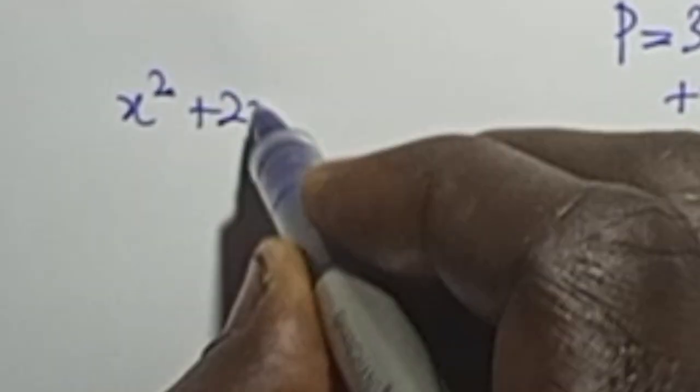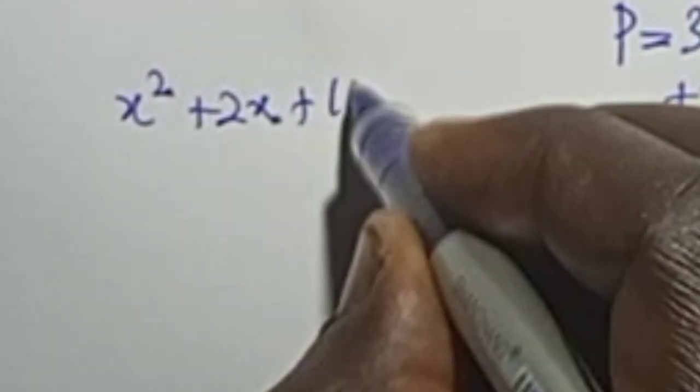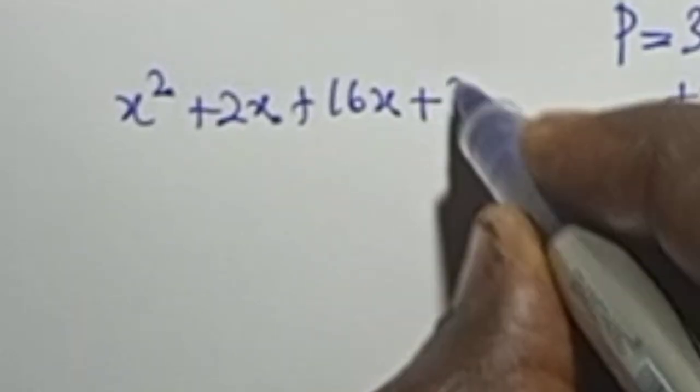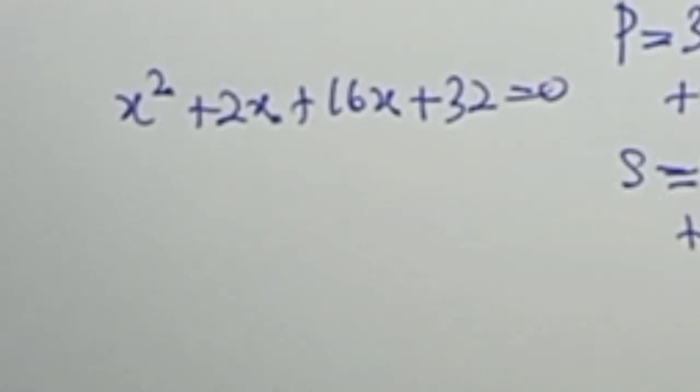So our equation can become x^2 + 2x + 16x + 32 = 0.